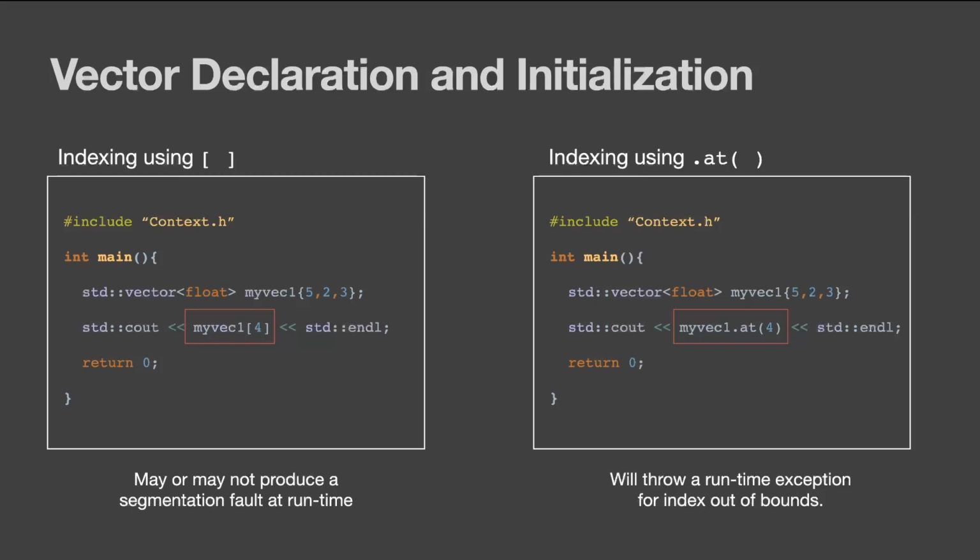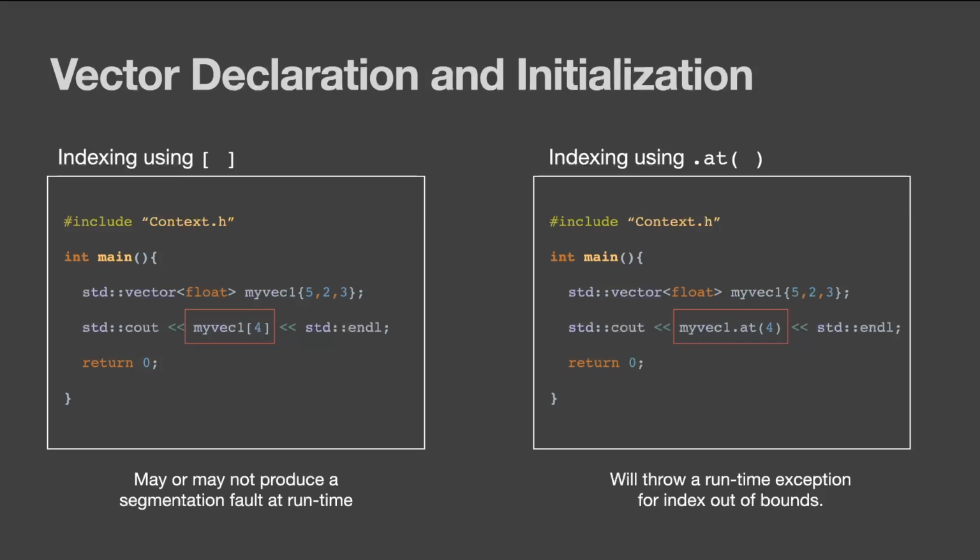If we do it using our square brackets, this may or may not produce a segmentation fault at runtime. It's basically running over the end of the array, and it's possible if it runs to the end of the memory block, it could result in a segmentation fault, or it could just print out garbage values. It just kind of depends, and you can get random behavior as a result. So the safer way of doing it is using this .at operator. It's going to do a check.